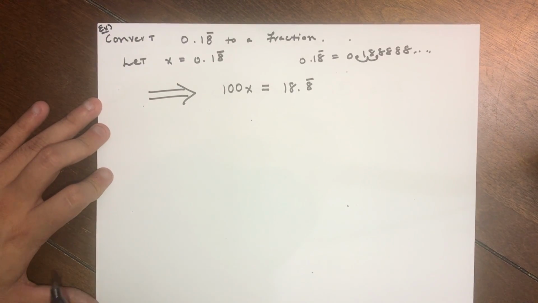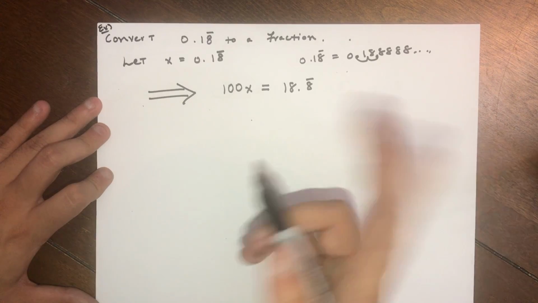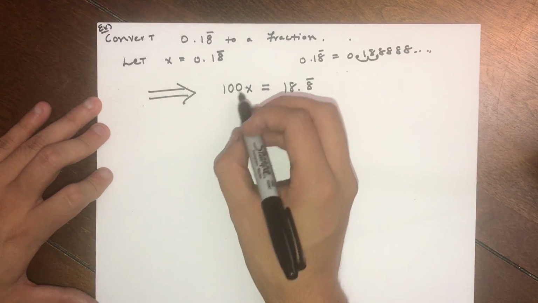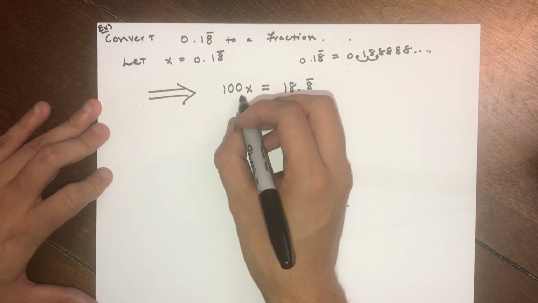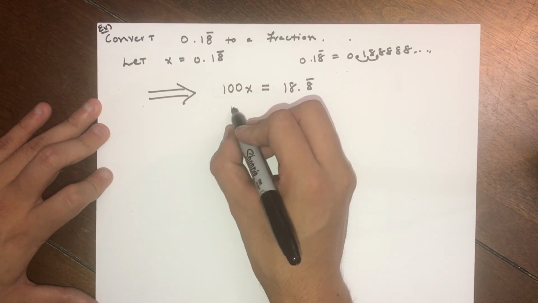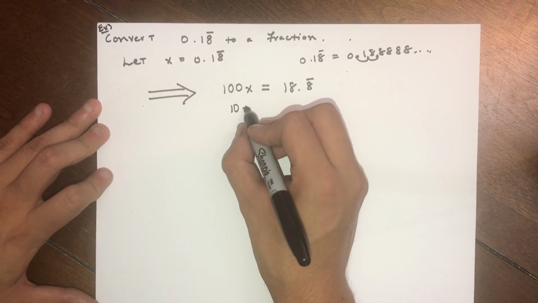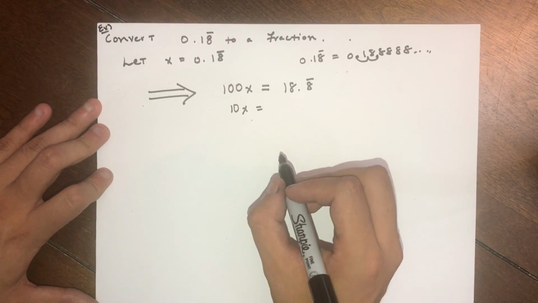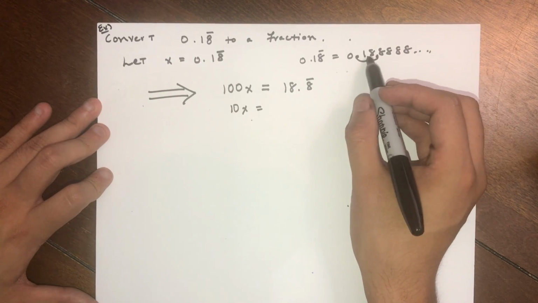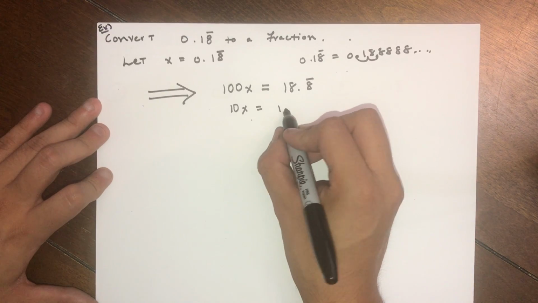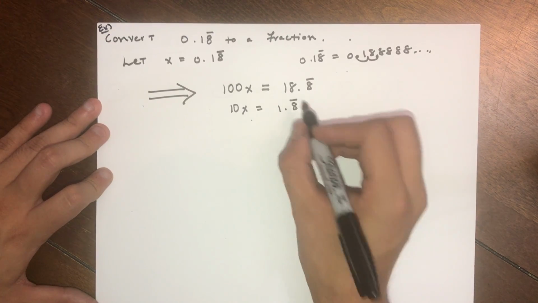The next equation that we're going to make is a combination of the previous two. We multiply both sides of this by 10. So 10 times x is 10x, which is equal to, when we multiply by 10, we only move the decimal once to the right. So we get 1.8 repeating.